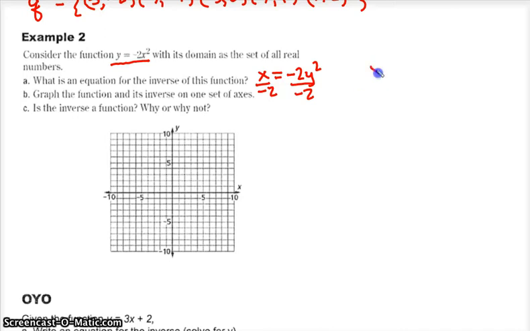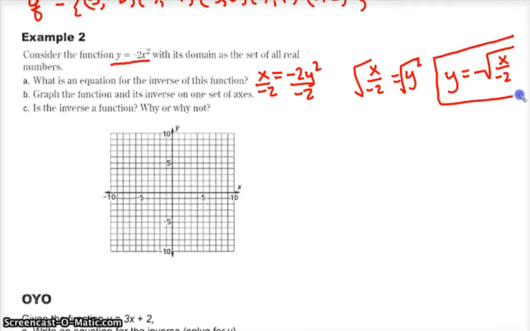So I've got x over -2 equals y squared. And then to finish it off, I'll take the square root of both sides. So y equals the square root of x over negative 2. There you have the inverse of that function.